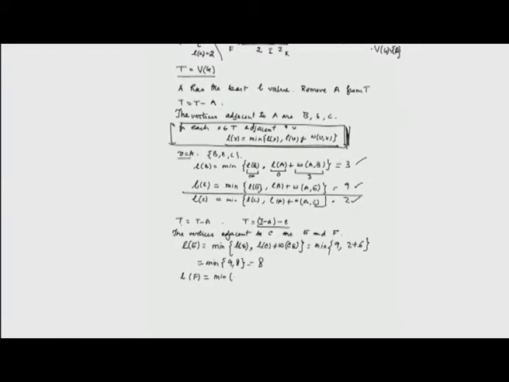and L of F equal to minimum of L of F, which is infinity, and L of C plus W C F. Now, if we do L of C plus W C F, then the minimum between infinity and L of C plus W C F is going to be 11. So, it is 11.